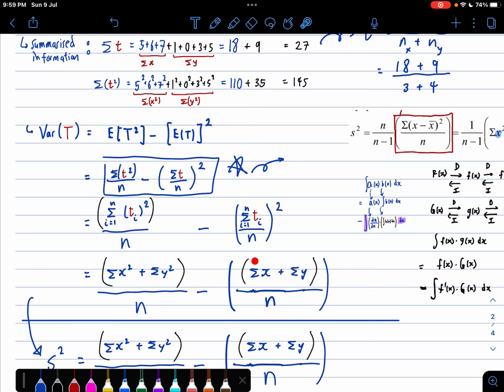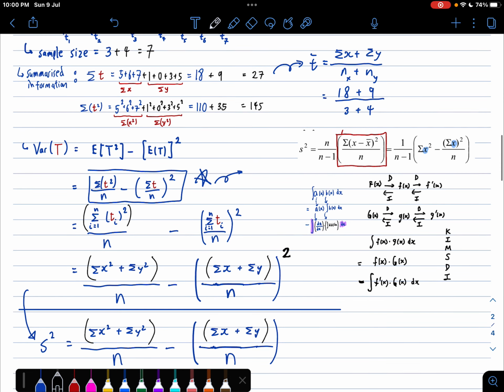The data from data set x and the data from data set y, you add all together. And I forgot a square on the outside, sorry. Like this. Good.